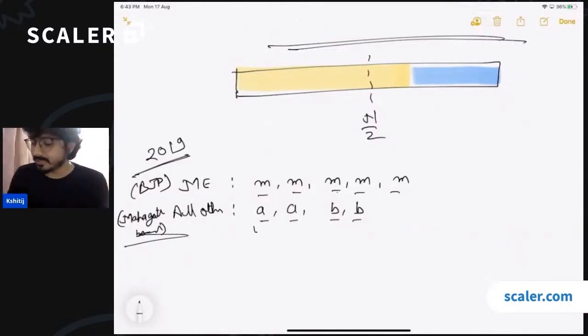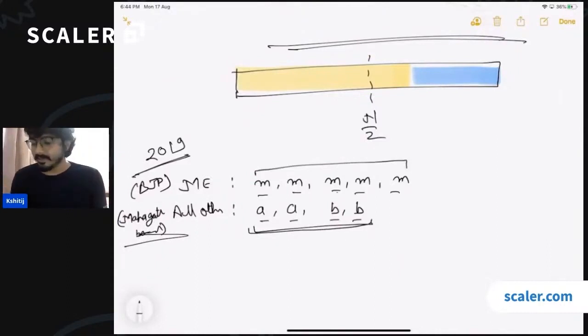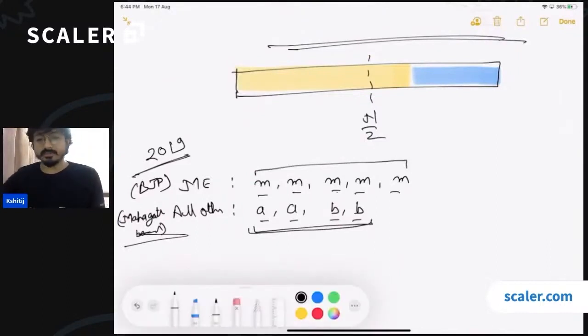So you can assume that these are the constituencies won by the Mahagathbandhan, and these are the constituencies won by BJP. Now, if the election commission says that 2 of these constituencies are being disqualified, there has been some cheating, so we are not counting the results of these 2 constituencies.